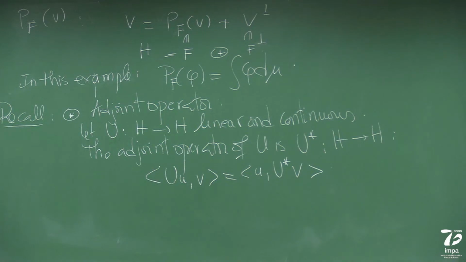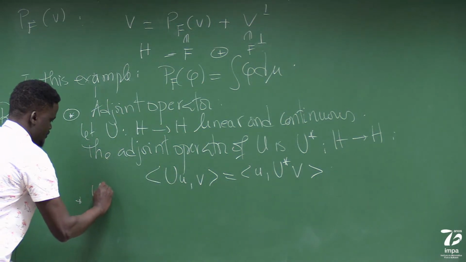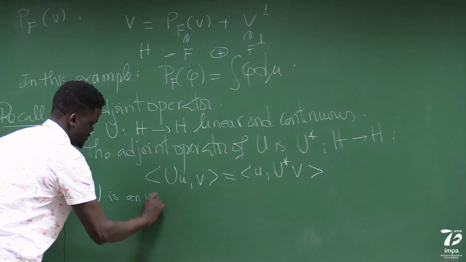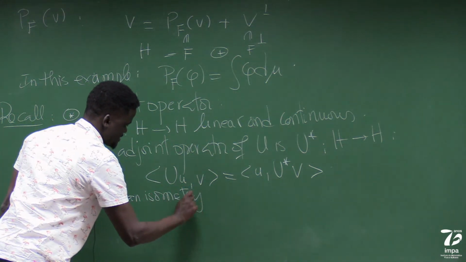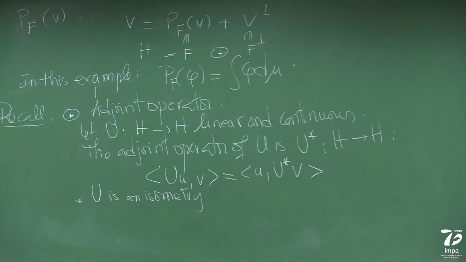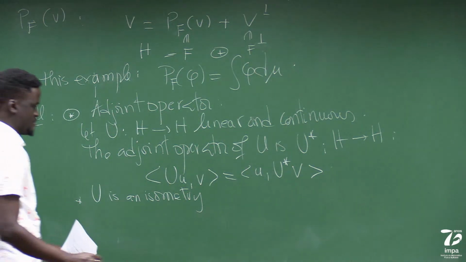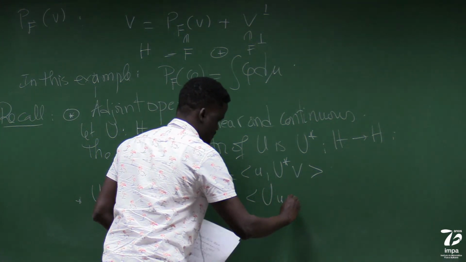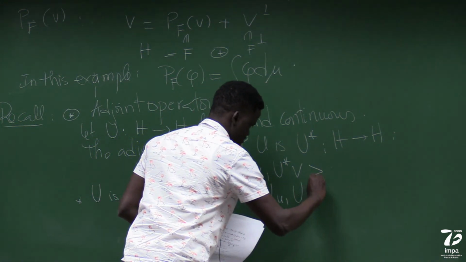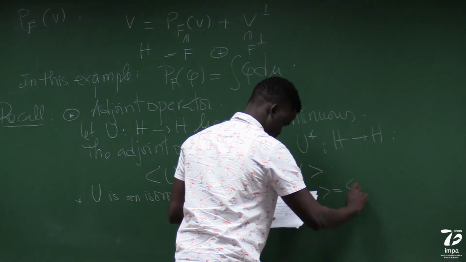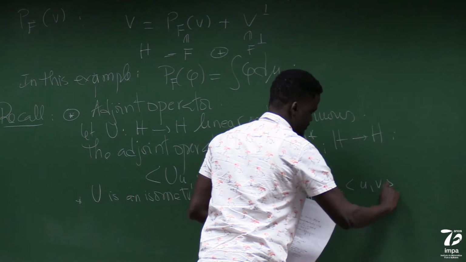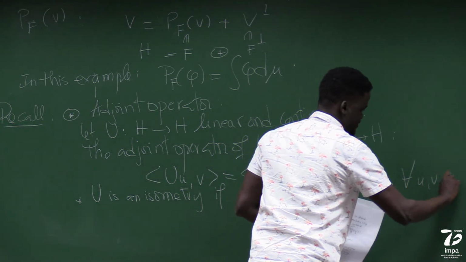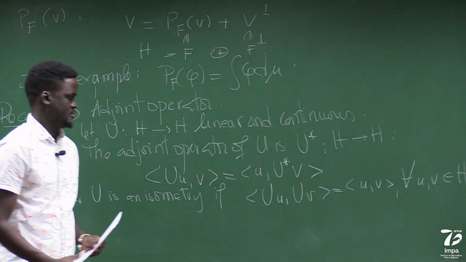So this is the definition in infinite dimensional space, and we say that U is an isometry if the inner product is preserved by U. So if the inner product of Uu, Uv equals the inner product of u, v for all u, v in H.